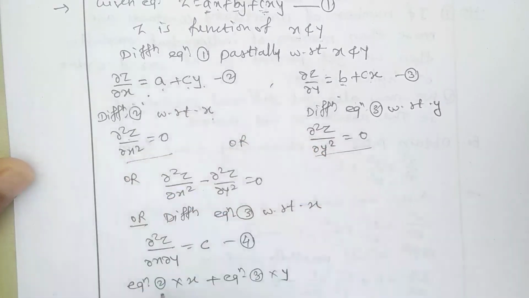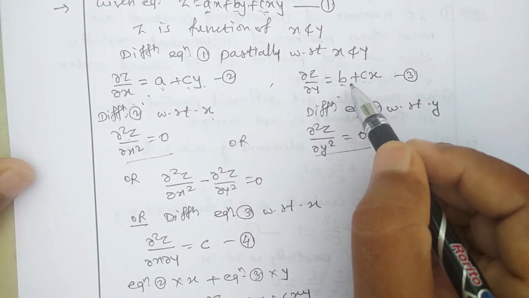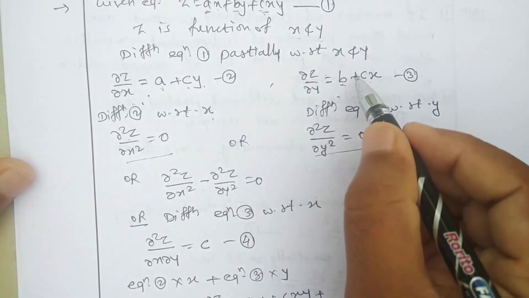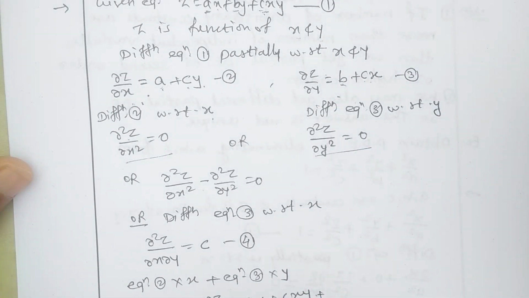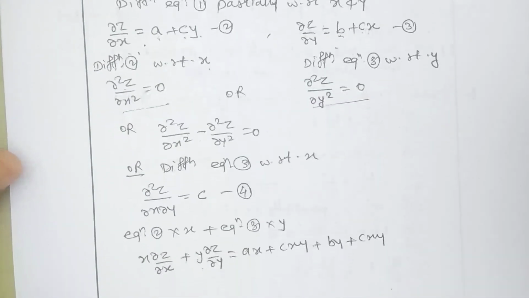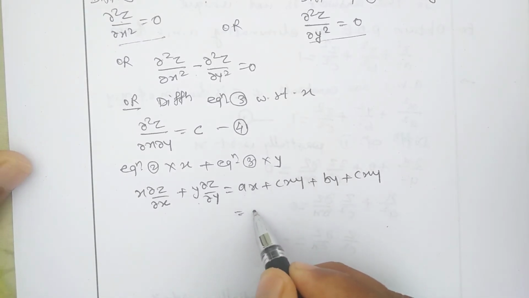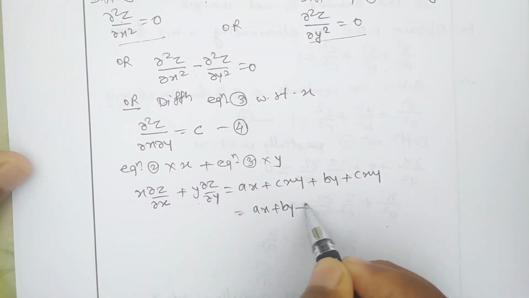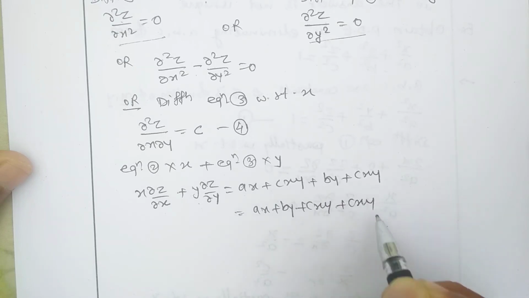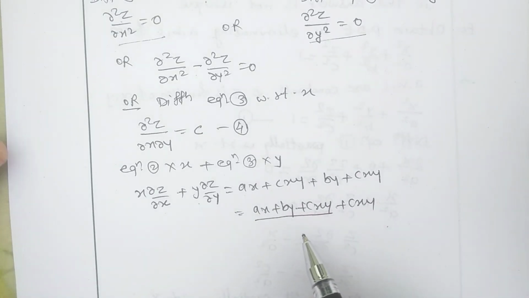Equation 2 into x gives x ∂z/∂x, plus equation 3 into y gives y ∂z/∂y, equals ax plus cxy here, and when you multiply by y ∂z/∂y you get by plus cxy. So we may write ax plus by plus cxy plus cxy.